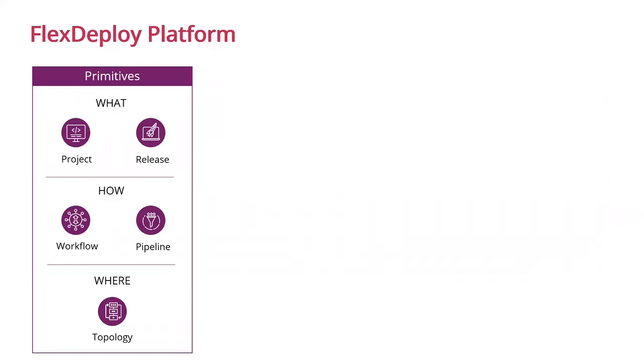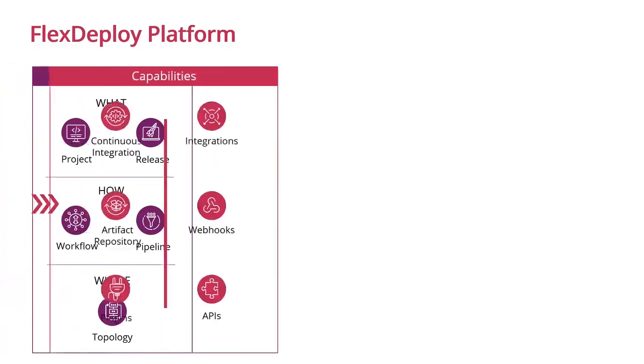Then the how, the workflow provides the orchestration steps to build, deploy project components. And then the pipeline, think of that as a workflow that's orchestrating the release across your environments, not just the automated deployment, but all the controls and governance and quality metrics as you advance through that pipeline. And then the where is a logical and physical definition of your build and deploy targets. And I'll show all this in the demo.